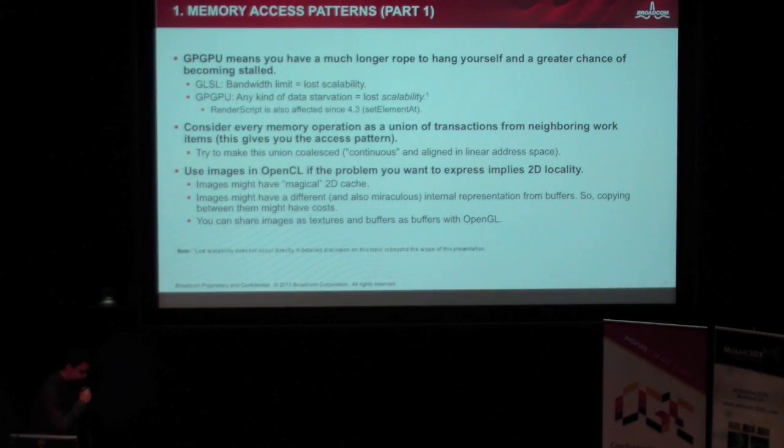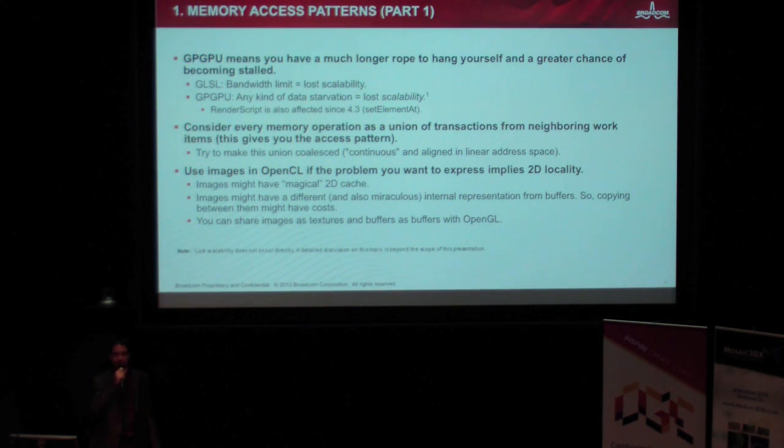So our first real point is about the memory access pattern. Historically, bandwidth was always a focus of OpenGL development, because with bandwidth limitation, your application instantly loses its scalability. GPU is not about doing the same things we've already done but more efficiently.